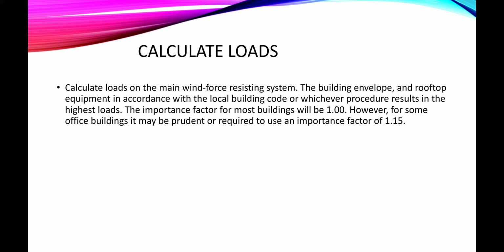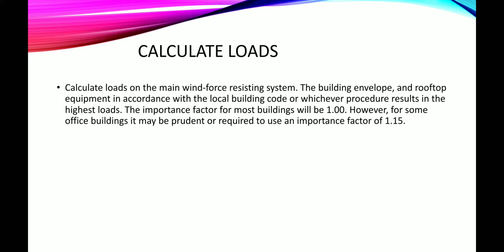Also calculate loads on the building envelope and rooftop equipment in accordance with the local building code or whichever procedure results in the highest loads. The importance factor for most buildings will be 1. However, for some office buildings, it may be prudent or required to use an importance factor of 1.15.